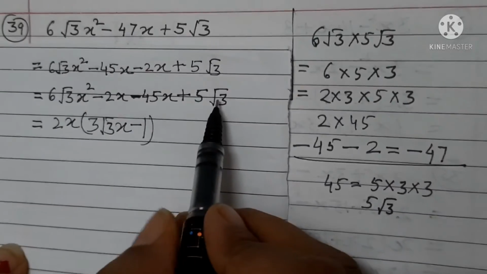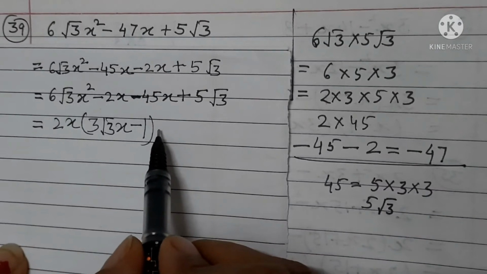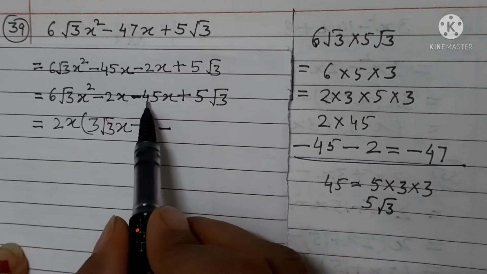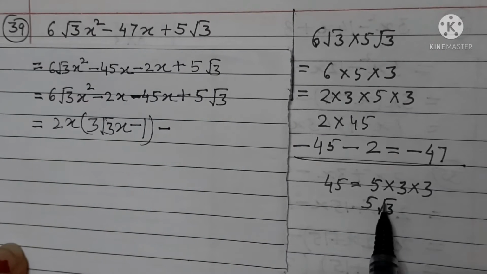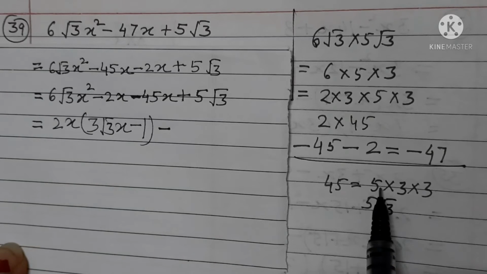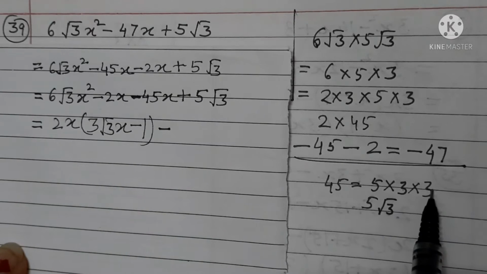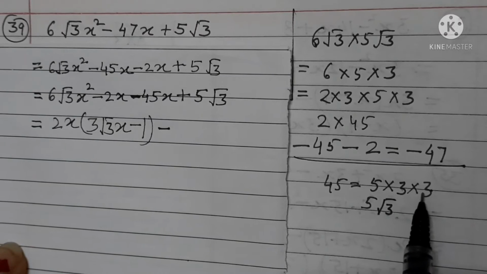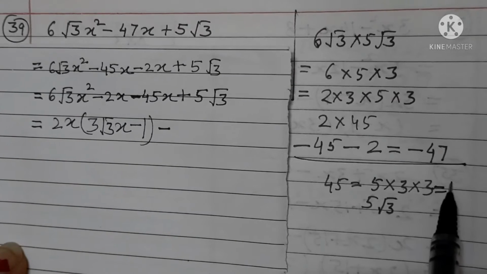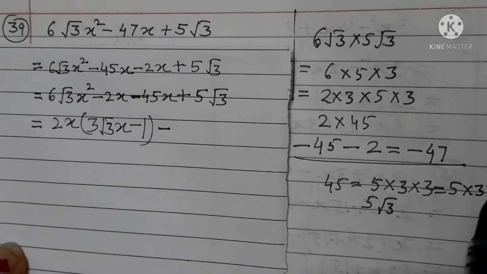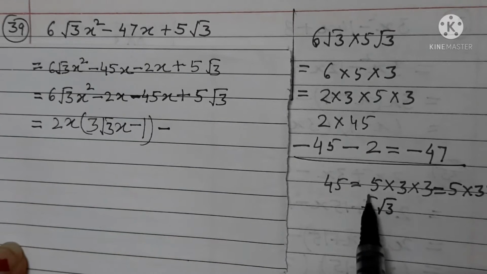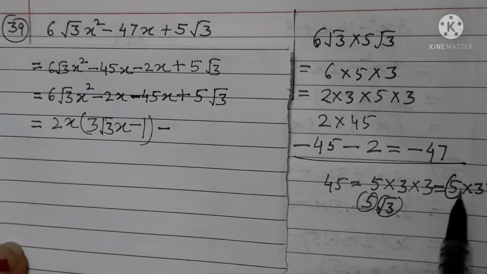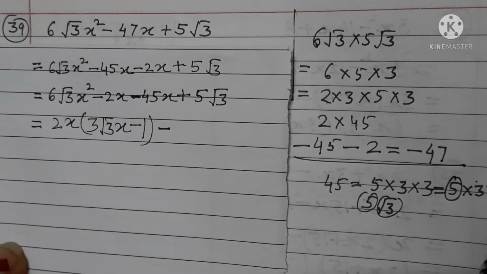Now in these two terms, what should I take common? Minus, and see this 45 and 5 root 3 here. 45 you can write 5 3s are 15, 3s are 45, and this you can write again 5 into 3 into root 3 into root 3, because the second is 5 root 3. Here 5 and root 3 I am taking out common.